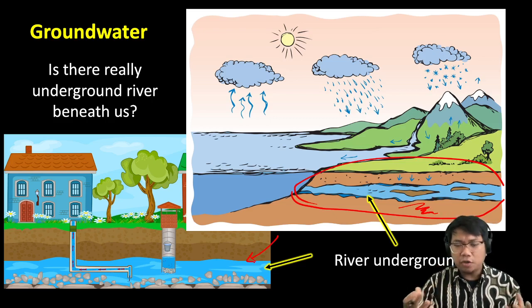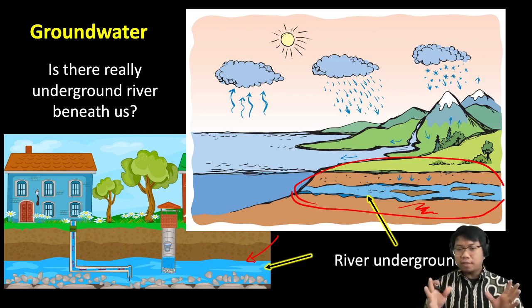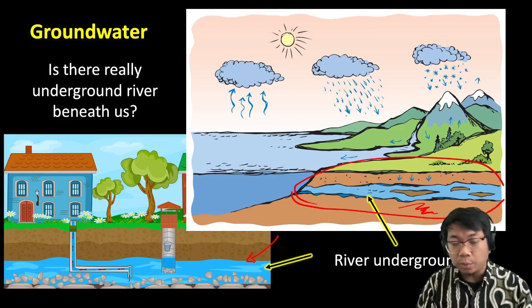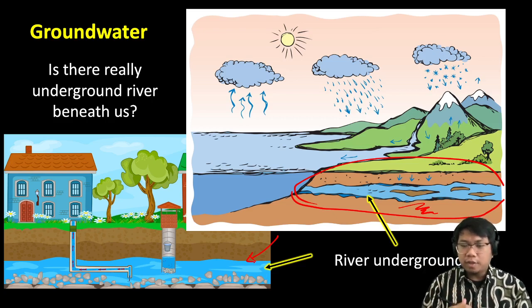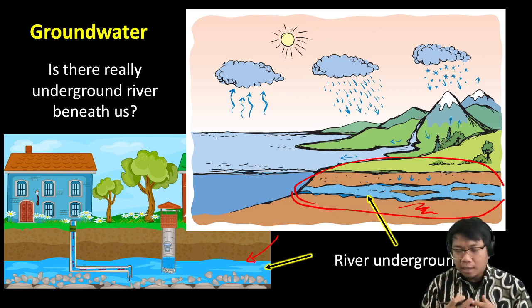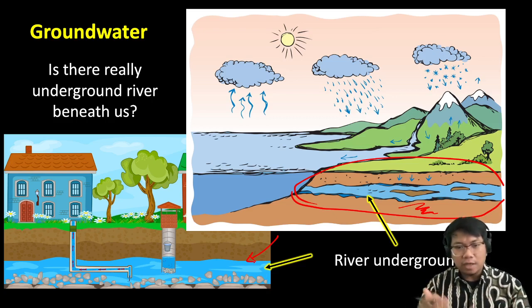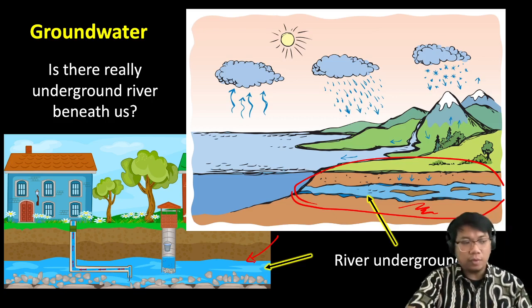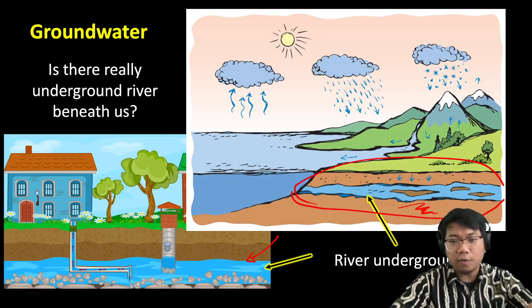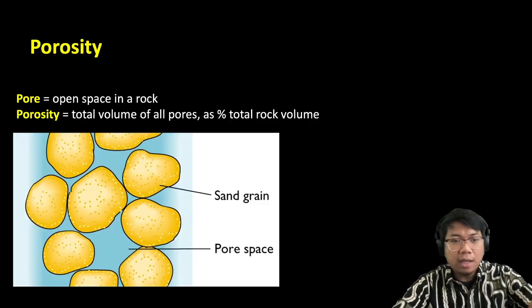Both pictures show rivers that flow underground, and in most cases, I have to say that this is not true. Of course, in some cases, yes, this could be true, especially if you're dealing with limestone bedrock that can easily be dissolved in water and eventually create rivers underground. But in most cases, we do not have rivers underground.